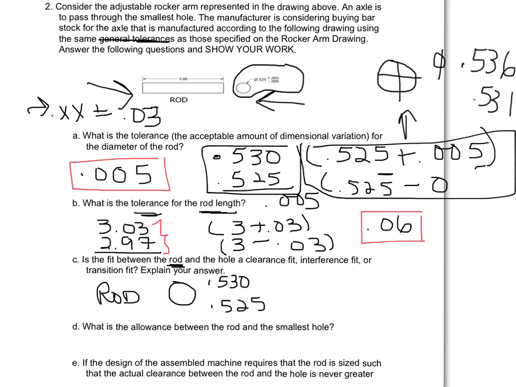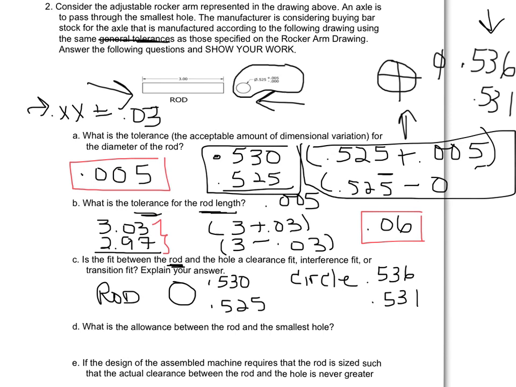All right, the circle information, so I'm going to put it here, circle information. It's what I had over here. The biggest it can be, according to the specs, is 0.536, and the smallest it can be is 0.531. So the question is, is it a clearance fit? Will it go through? Interference fit? Will it not go through? Let's work on those two. So to figure that out, I thought about it and said, what is the tightest hole?